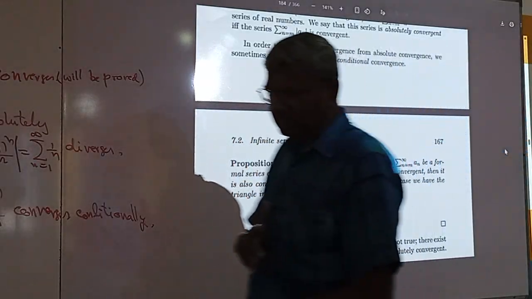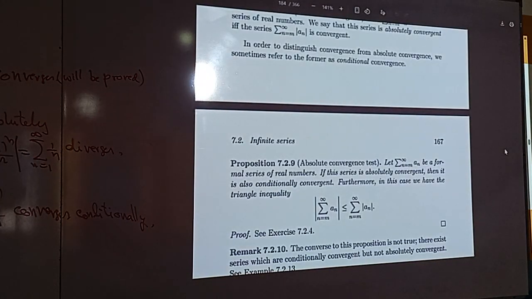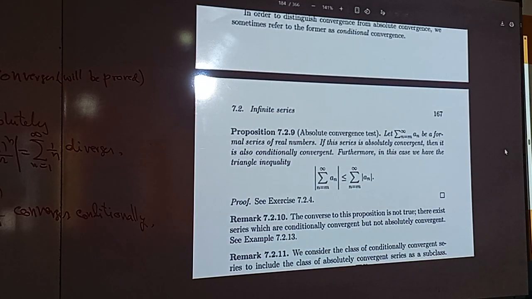So absolute convergence implies convergence, but conditional convergence does not imply absolute convergence. The converse to this proposition is not true. There exist series which are conditionally convergent but not absolutely convergent.